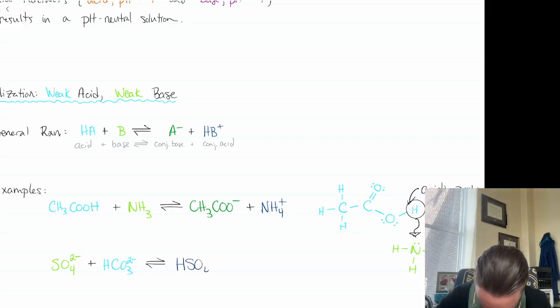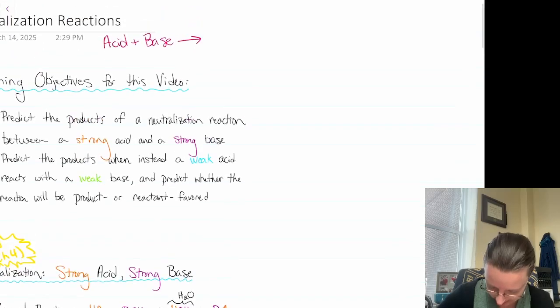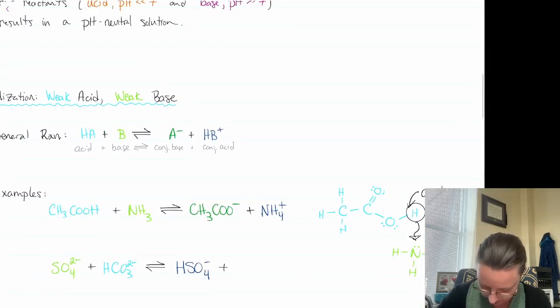It's going to pick up a proton, and it's going to get more positively charged by 1, so it'll go from a 2- to a 1- charge. Our other product is going to be carbonate. Carbonate is losing a hydrogen and a positive charge, so it's getting a little bit more negatively charged. That gives it the chemical formula CO₃²⁻.